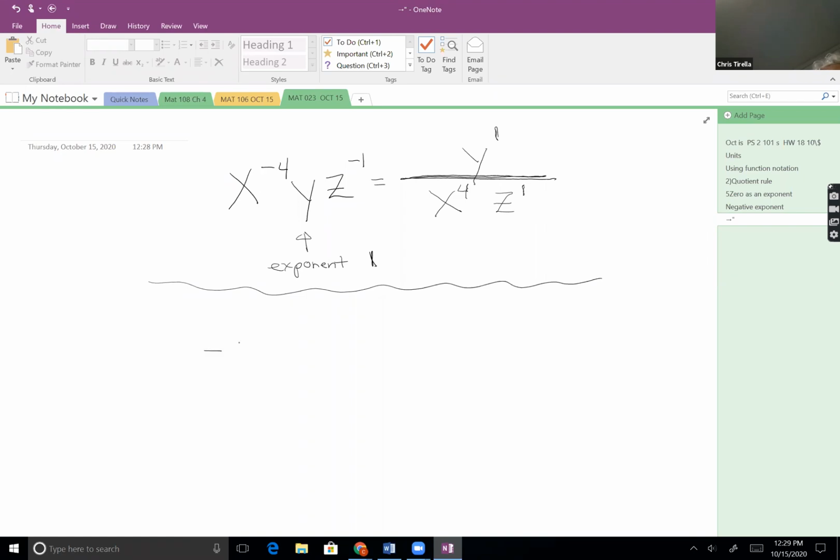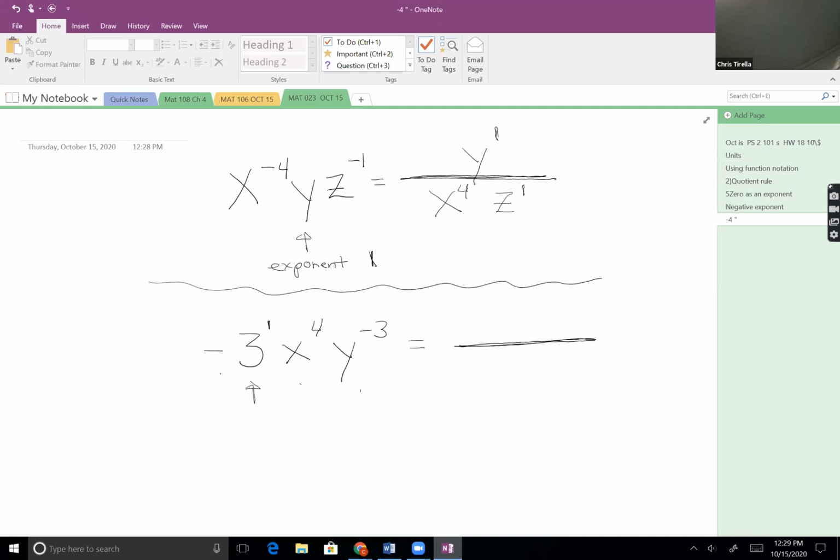Next example, what if I have negative 3 x to the fourth, y to the negative third? If nothing else, because of that negative exponent, does everybody see I have to make a fraction? This expression has 3 factors. This first factor isn't the exponent 1.